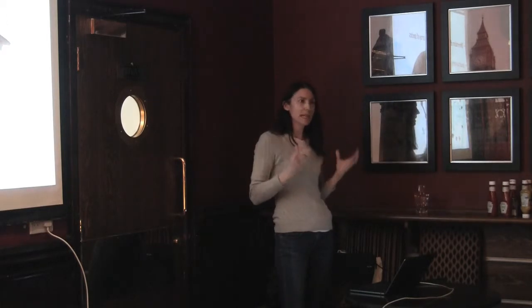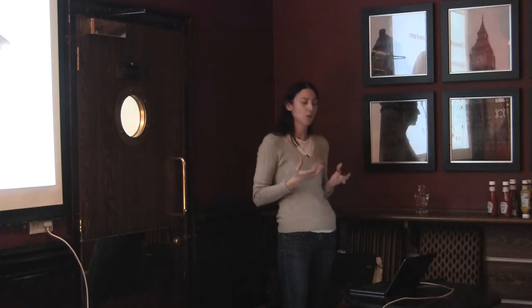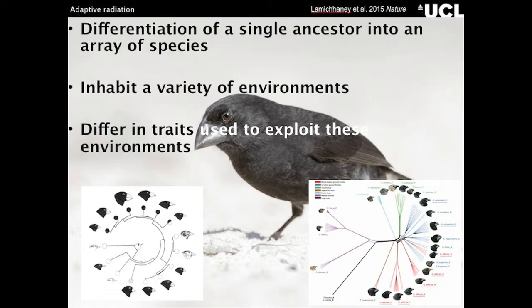If you're not familiar with the term, this is an evolutionary process that can cause a single ancestral species to rapidly diversify into a multitude of species that then exploit various ecological niches. And they differ, don't they, in their traits. That might be a morphological trait like we've seen, the beak of the finch, or a physiological trait.